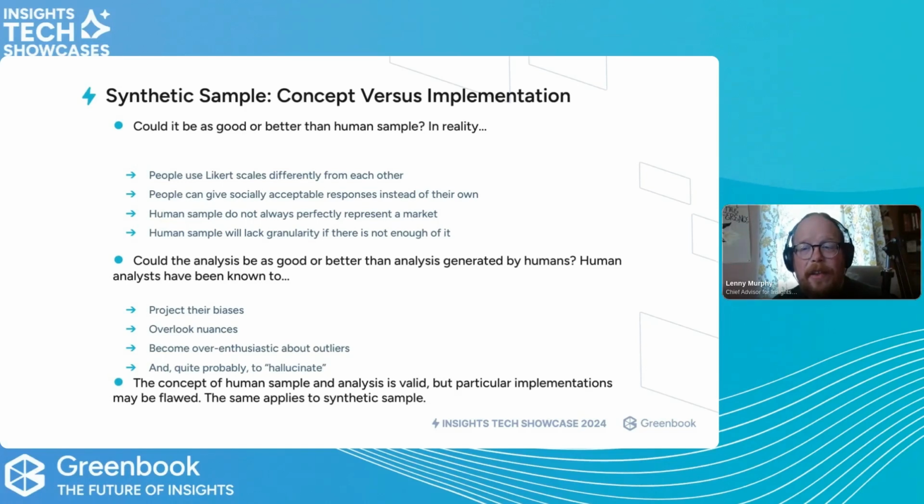I have not seen examples of the propensity for synthetic samples to hallucinate. And if you haven't heard of that phenomenon, it is in LLMs, things like ChatGPT, et cetera, to make things up. That does not mean that it is not there, but I have not seen examples of that.